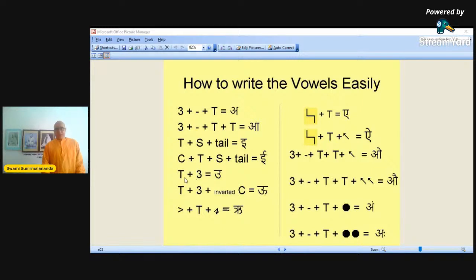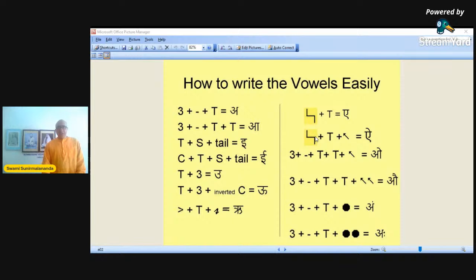We shall mention it as T, a tiny T. Again, a tiny T plus 3 plus the inverted C next to it, it becomes U. In order to write R, all you have to do is put an arrow mark, add T to that, and write small s, the letter S. So it becomes R. In order to write the vowel A, all you have to remember is a chair. And also remember the letter T. So chair plus T will become A.